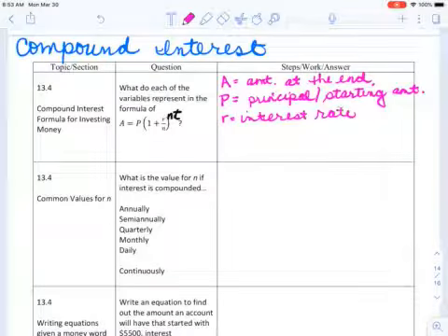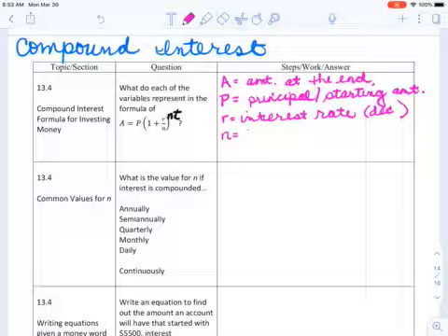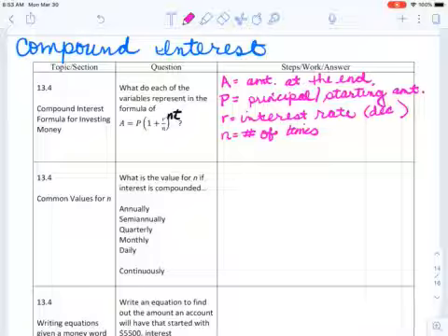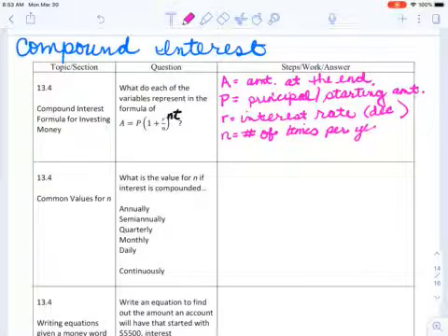And again, remember, we want that as a decimal. N is going to be the number of times per year that you calculate the interest, and T is your time.